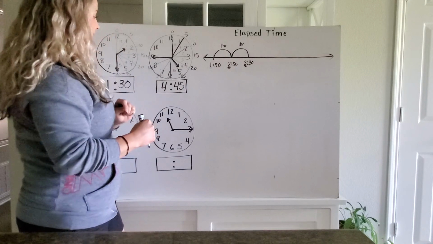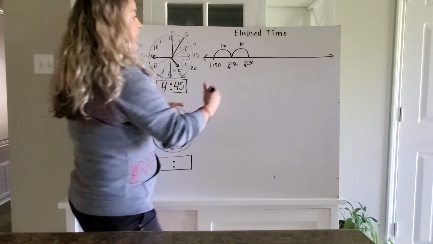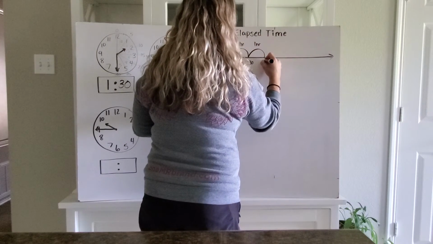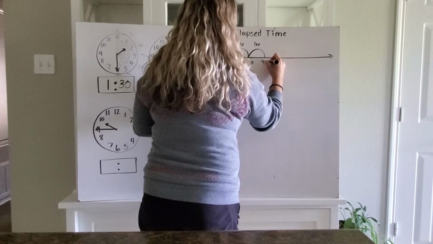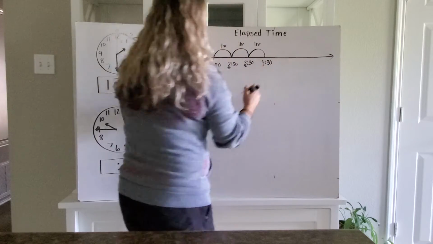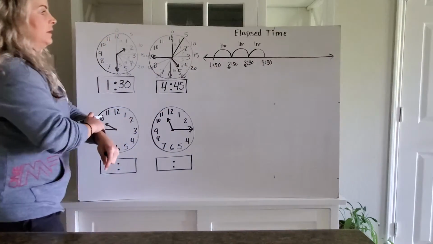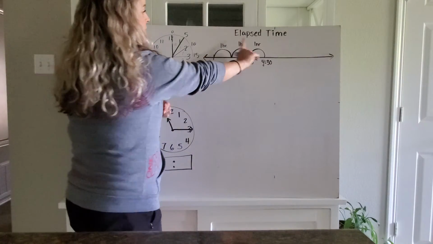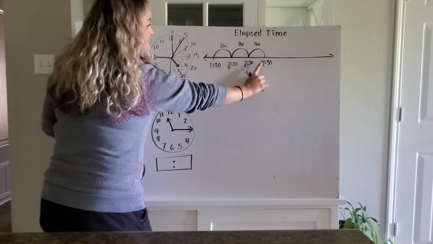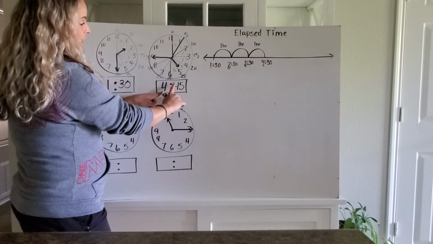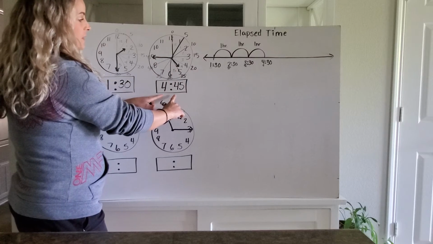Can I go another hour? 1 hour more would be 4:30, because remember, I'm only increasing that hour. My minutes stay the same. So I've jumped 3 hours. So 3 hours has passed to get me to 4:30, but our end time was 4:45.